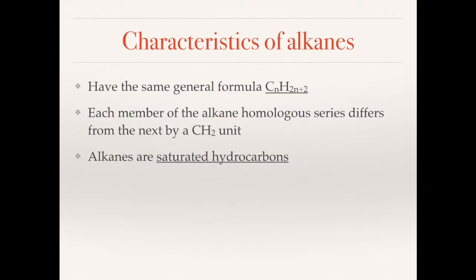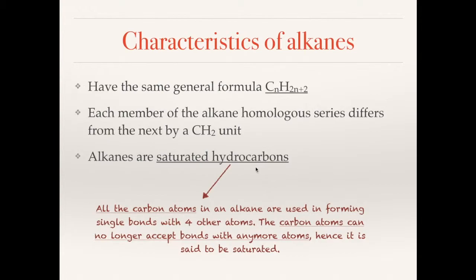To summarize the characteristics, all alkanes have the same general formula of CnH2n+2, and every member of the alkane homologous series differs from the next by a CH2 unit. Most importantly, alkanes are what we call saturated compounds. What does saturated mean? In alkanes, all carbon atoms are bonded by single bonds, so every carbon is bonded to 4 other atoms.